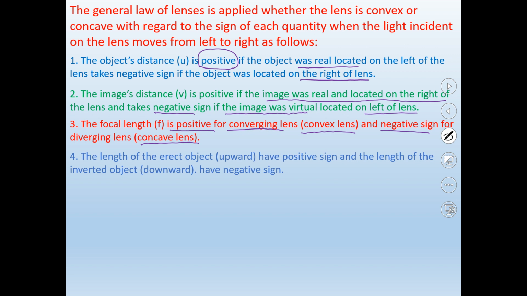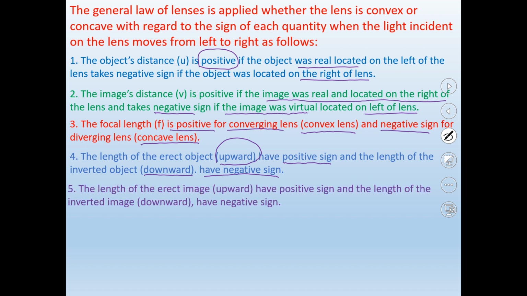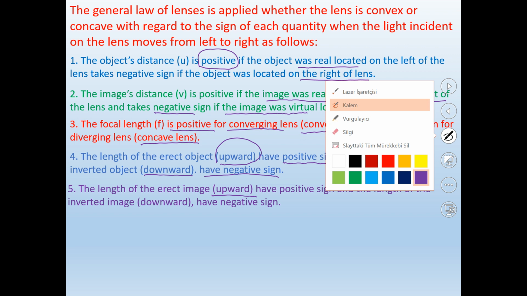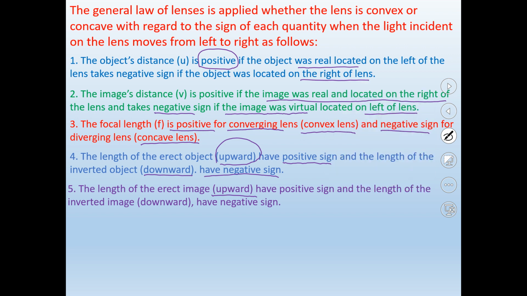The length of an erect object, meaning upward, has a positive sign, and the length of an inverted object, downward, has a negative sign. The length of the erect image, meaning upward, is positive, and the length of the inverted image, downward, has a negative sign.